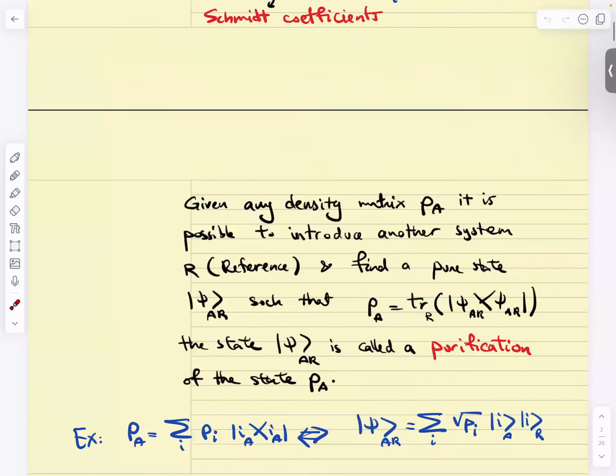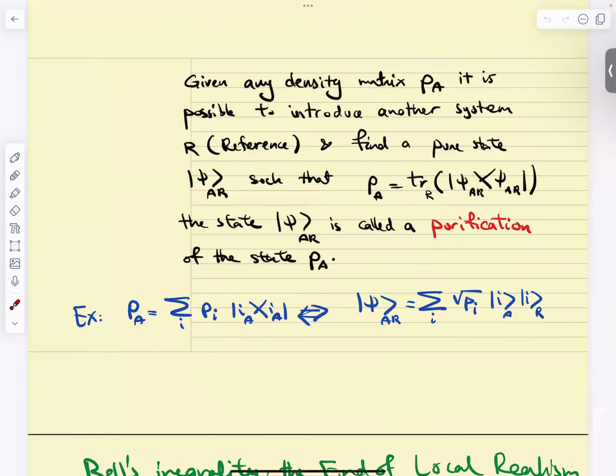Good. Then we said one nice thing about the Schmidt decomposition is that there is no analog of Schmidt decomposition for more than two systems, tripartite, four-partite. That's actually the origin of the fact that entanglement for more than bipartite is extremely hard, next to impossible.